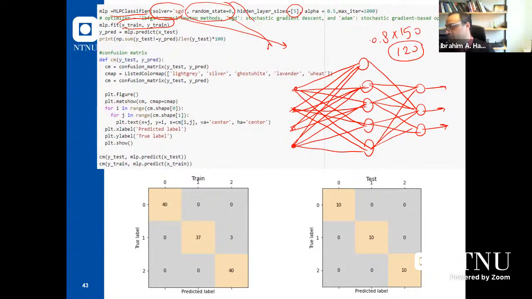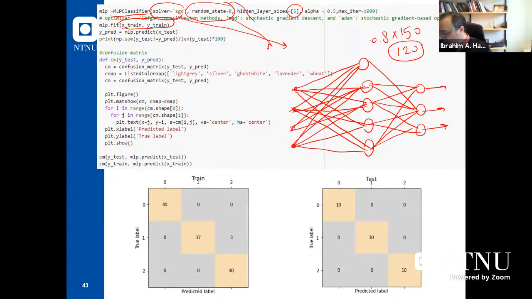So it will be 120. So it's batch learning, it's not stochastic. It will not train example by example. It's not online learning, but it will be batch learning.